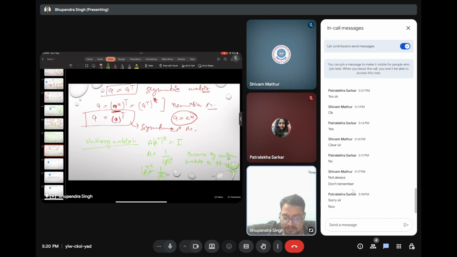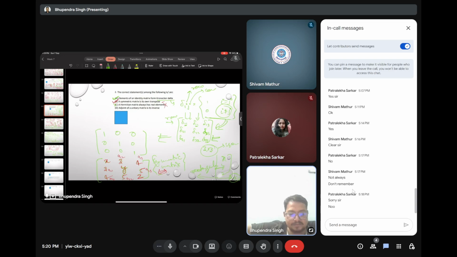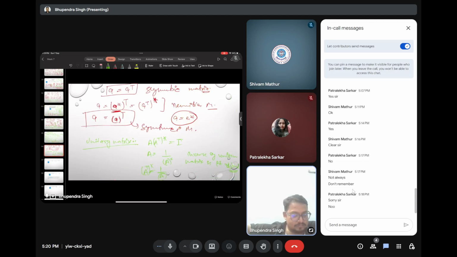Now tell me what is the answer now. Adjoint of a unitary matrix is its inverse. So this is the condition of a unitary matrix, right?